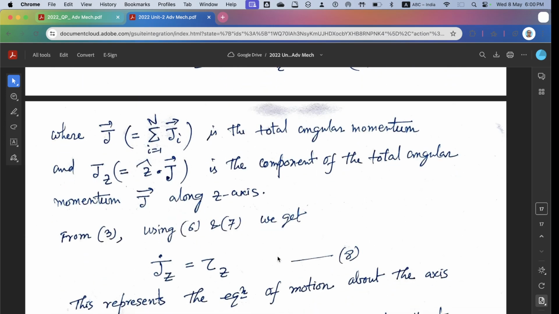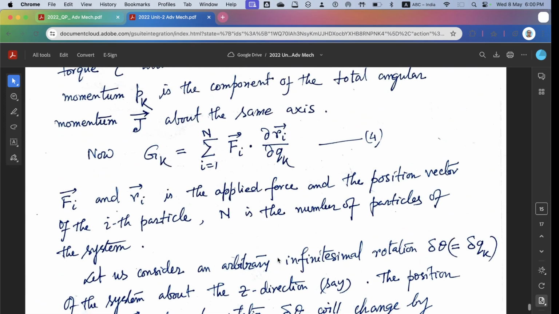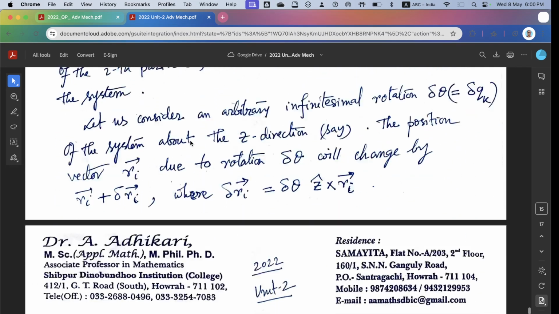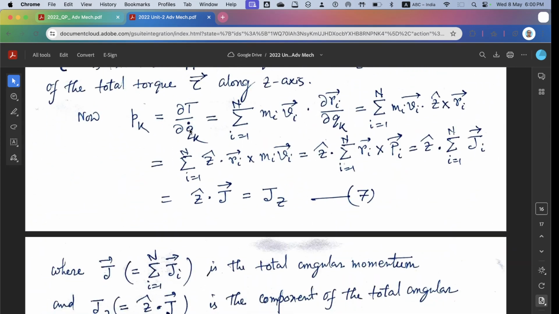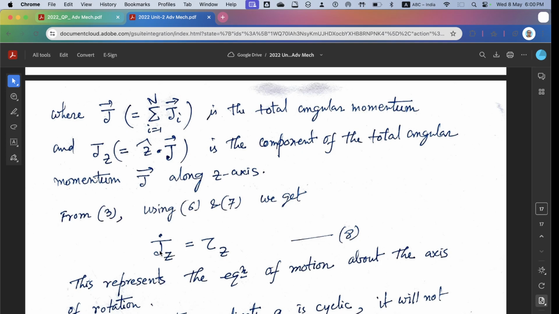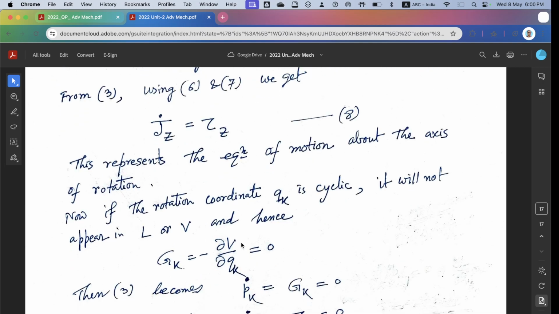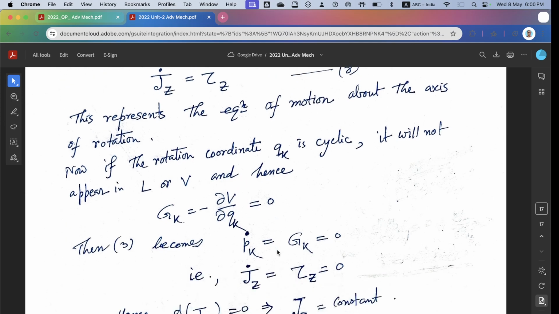From 3, pk dot equal to gk, using 6 and 7, we are able to get capital jz dot equal to tau z, and this represents the equation of motion about the axis of rotation. Now if the rotation coordinate qk is cyclic, it will not appear in the Lagrangian or V, and hence gk equal to minus del V by del qk equal to 0.